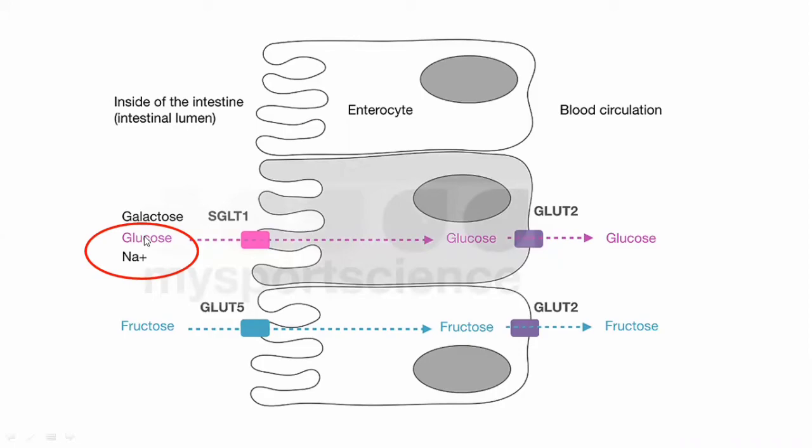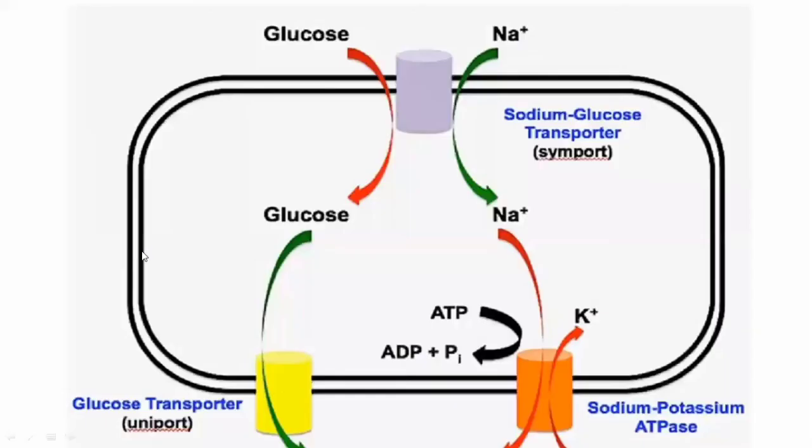Let's see the detailed mechanism for this glucose transport, that is, how the glucose is transported. Glucose is always transported along with sodium. So this transport mechanism is known as the sodium glucose transporter, and this process is also known as symport, in which two molecules are simultaneously transported across the transporter inside the cell.